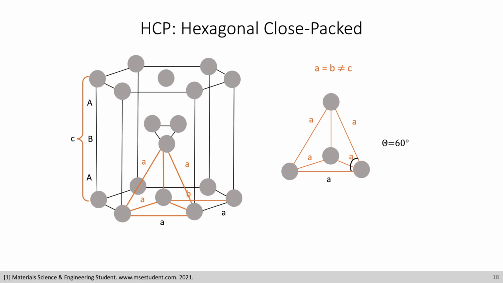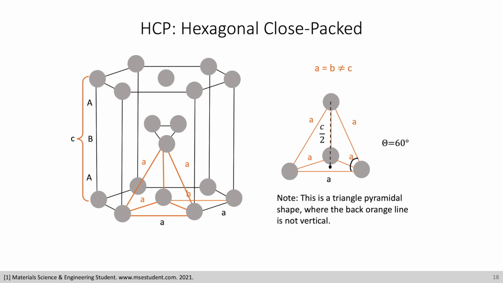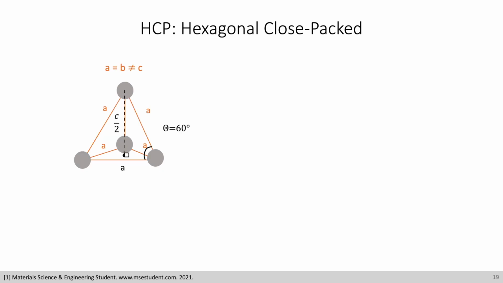This shape is a triangle pyramidal shape, so we have a pyramid kind of shape where the back line is kind of like a diagonal tilted. That's important to keep in mind as we go to the next geometry calculation to find the C over A ratio. What we can do is draw a line down from the top atom to the middle of the triangle.